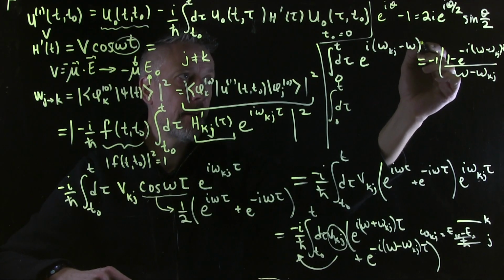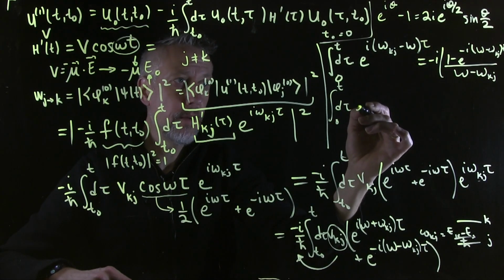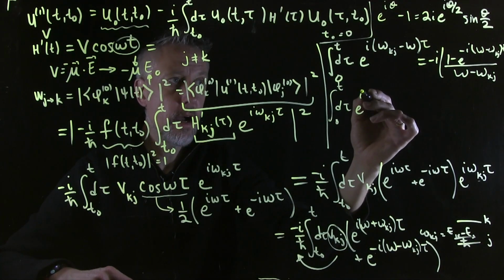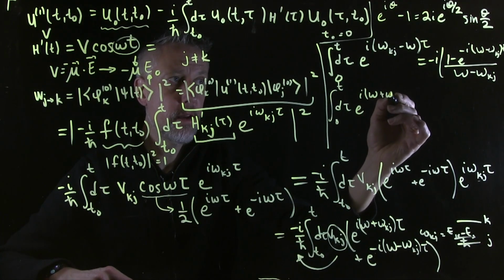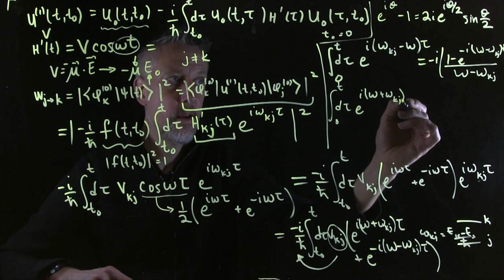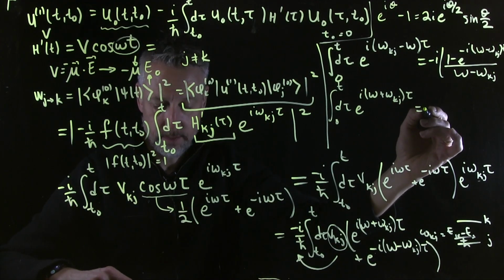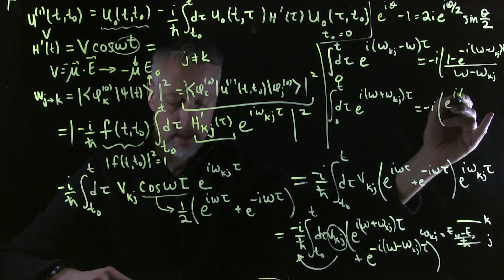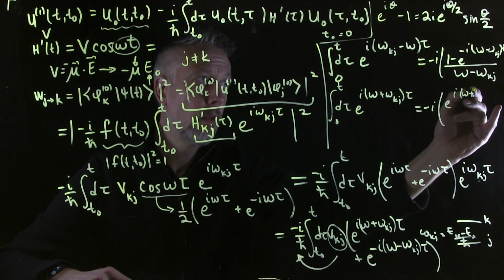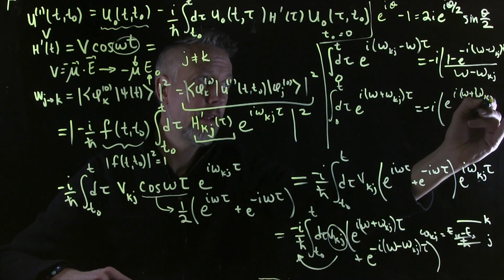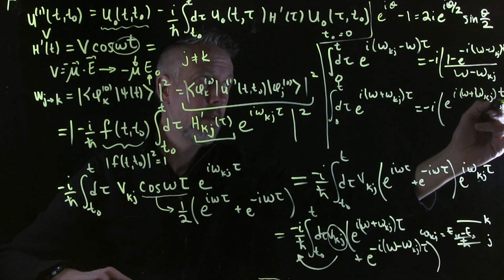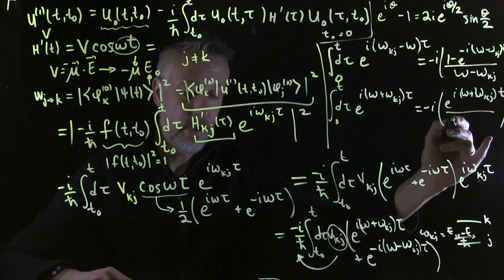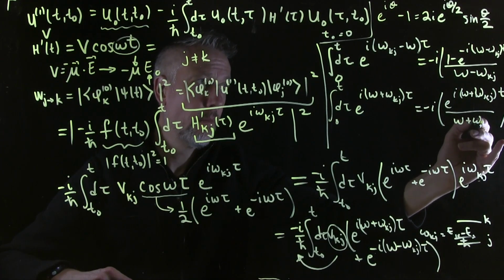There's a tau missing here. So we have e to the i (omega plus omega_kj) tau, and that is equal to the similar formula, e to the i (omega plus omega_kj) t divided by omega plus omega_kj.